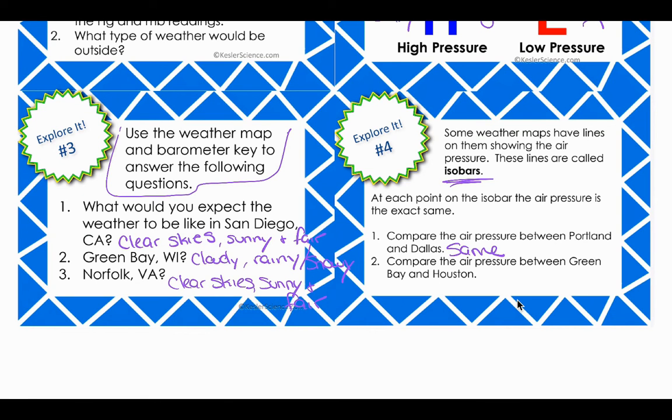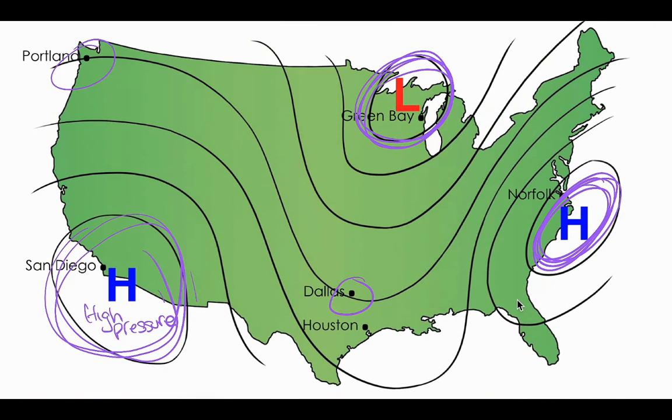And then now I'm going to compare the air pressure between Green Bay and Houston. So now Green Bay is over here. We know that Green Bay is already a low pressure system. And here is Houston. And Houston is kind of in between two high pressure systems.